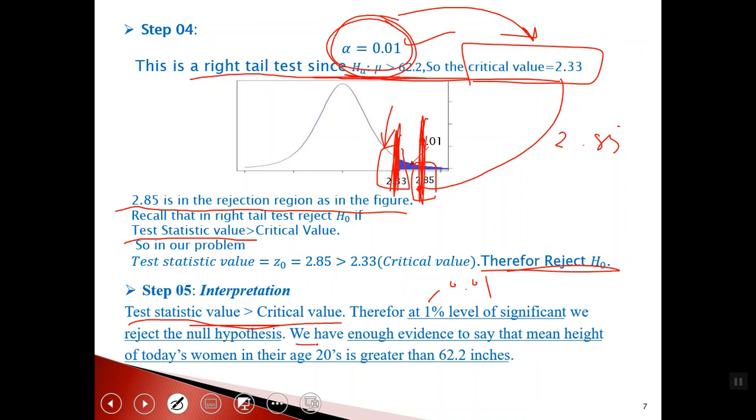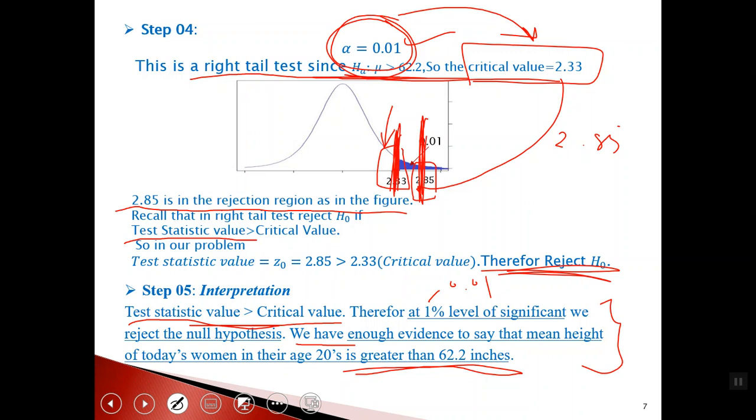Then you have to say we have enough evidence to say that the mean height of today's women in their age 20s is greater than 62.6. You stand with the alternative hypothesis because you have already rejected your null hypothesis. Please check how you interpret at the end.